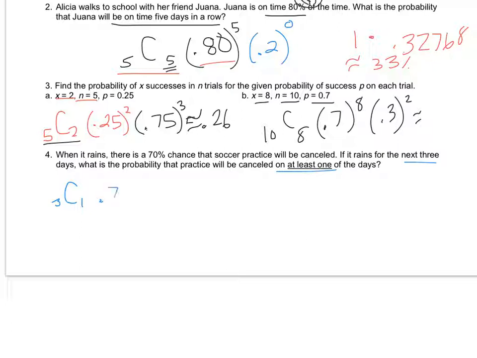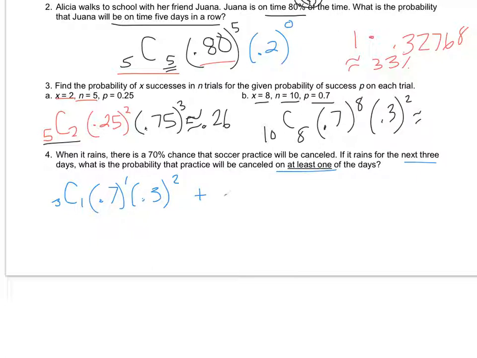So the probability that it cancels to the 1st power times the probability it doesn't cancel to the 2nd power. Plus, you have to account for what if it's canceled 2 days.